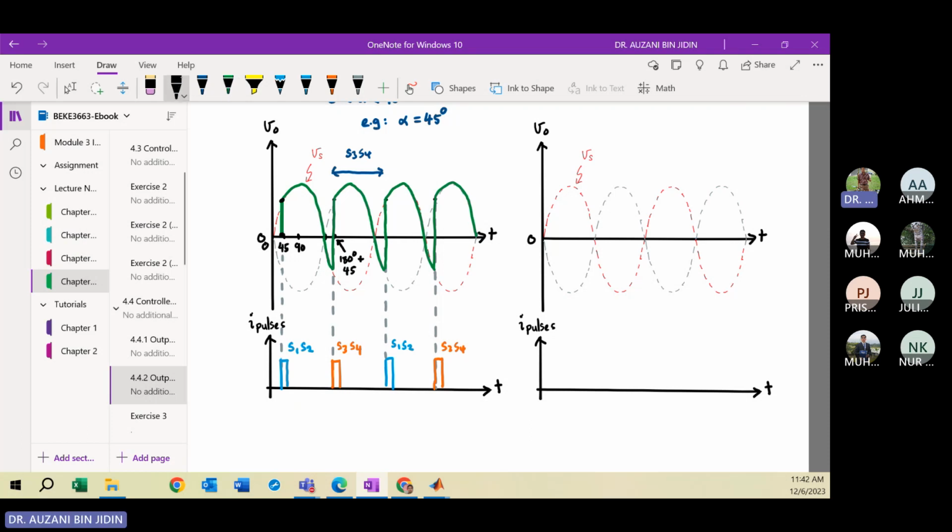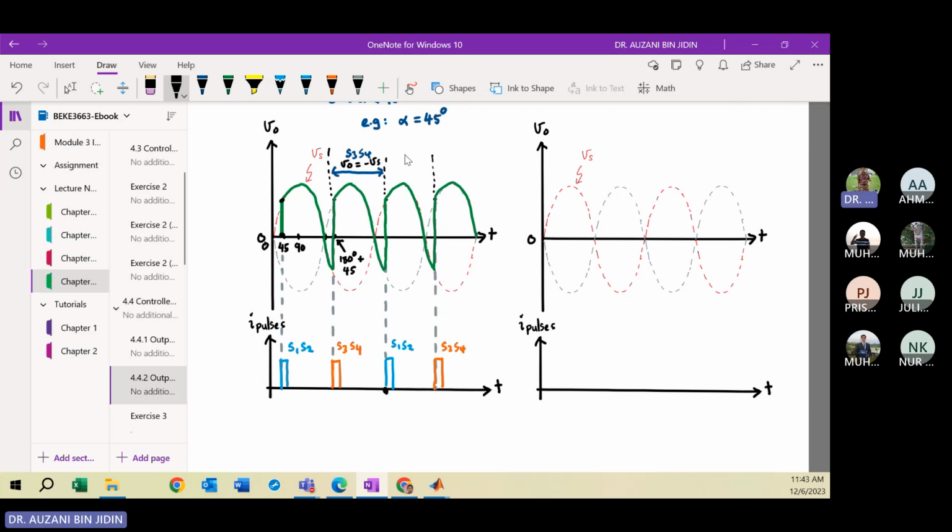Maybe I can write here just to get a clear picture. During this interval, S3 and S4 will be conducted. So in this case, your VO equals what? Minus Vs. But now you inject the current pulse here at this point for S1 and S2.